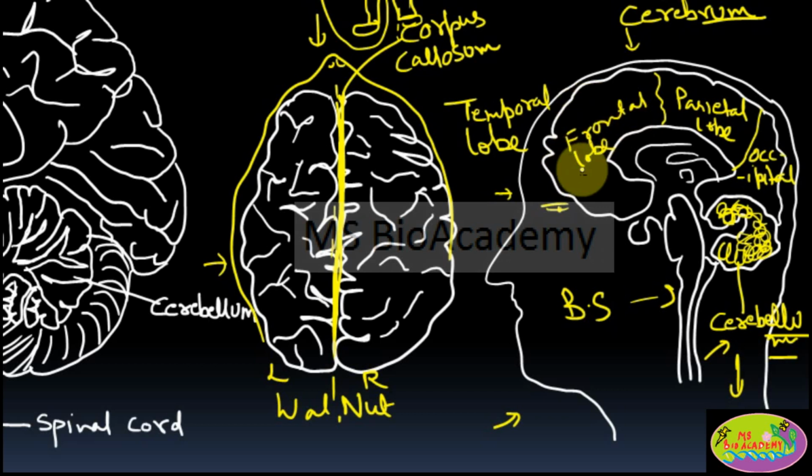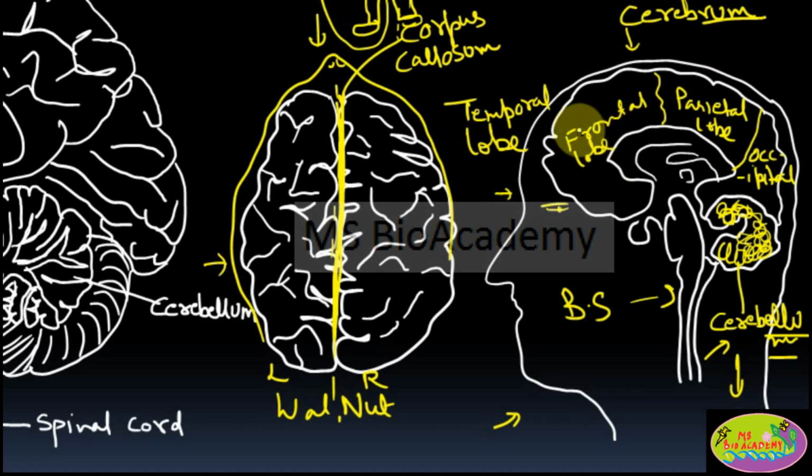So emotions, writing, speaking, intelligence, body movement, judgment, and problem solving ability, like whenever you solve mathematical or logical problems, that's controlled by the frontal lobe. So these are the important roles of these 4 lobes of the cerebrum.